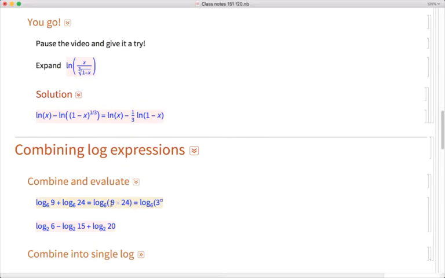So if we're actually going to evaluate this by hand, we need to recognize this 9 times 24 as a power of 6. So for that reason, I'm going to write 9 as 3 squared, and 24, let's see, that's 3 times 8, and 8 is 2 cubed.